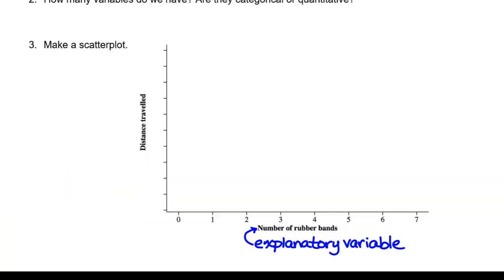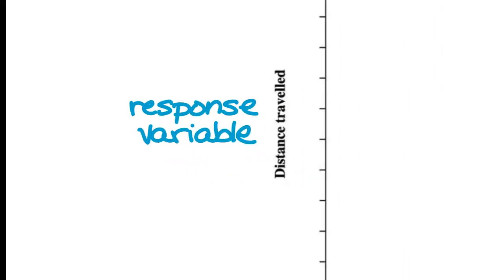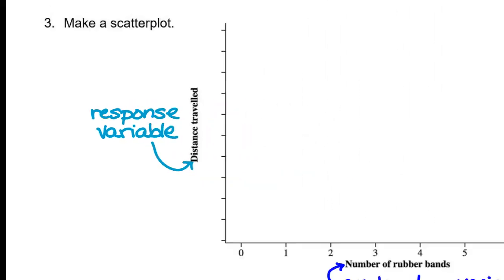The explanatory variable always goes on the x-axis. And then we've got what on the y-axis? Distance traveled, which is our response variable. Again, that's always going to go on the y-axis.